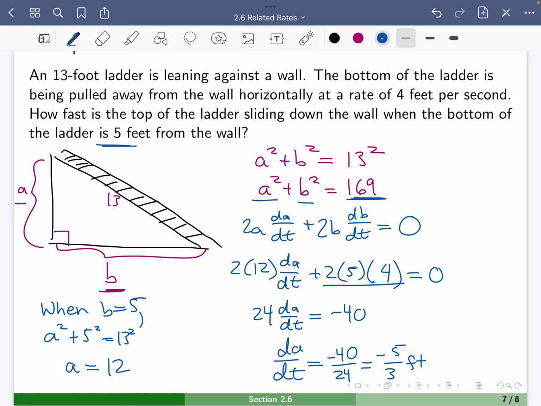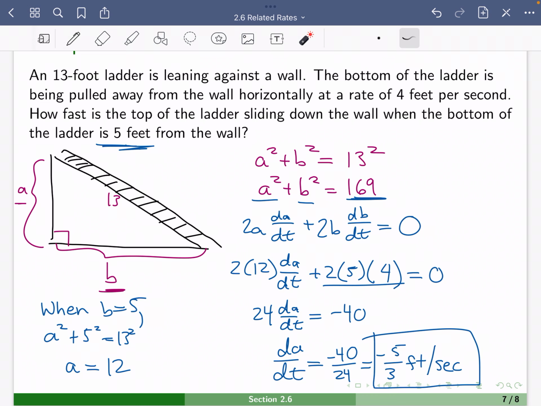Feet per second. So it's sliding down the wall at 5/3 feet per second. When I said the word down, that was the negative. So it's changing at negative 5/3 feet per second.